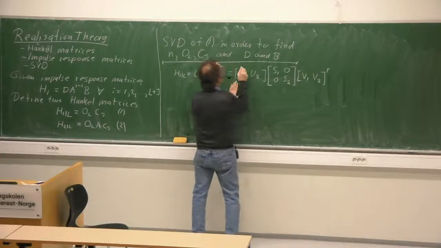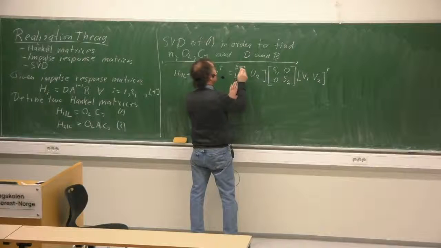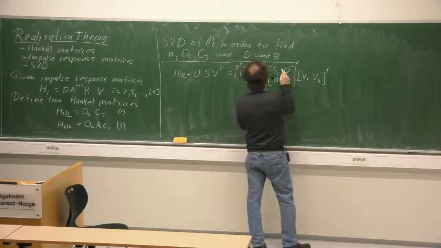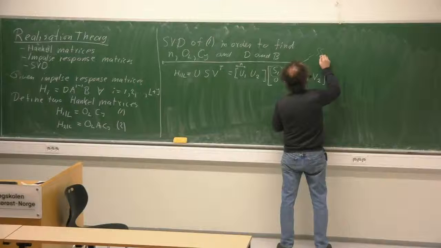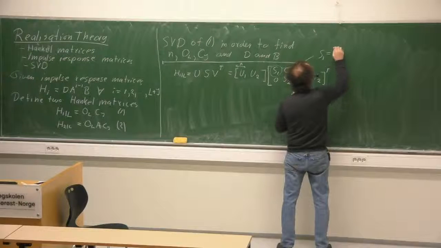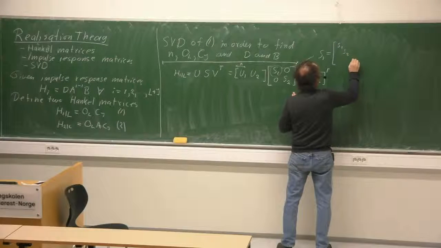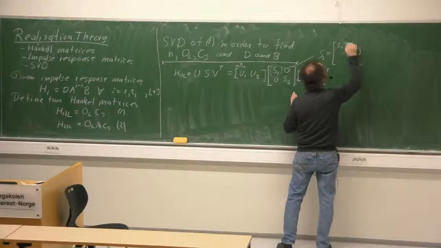Here, the number of columns in U1 is n, and this S1 is a diagonal matrix with n singular values, and zeros above and below the diagonal.